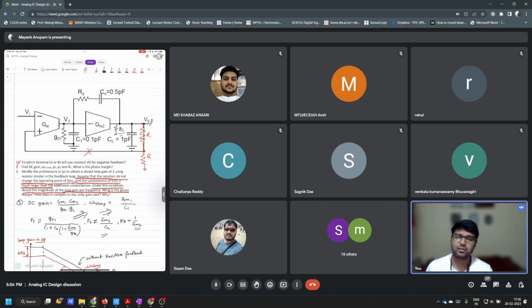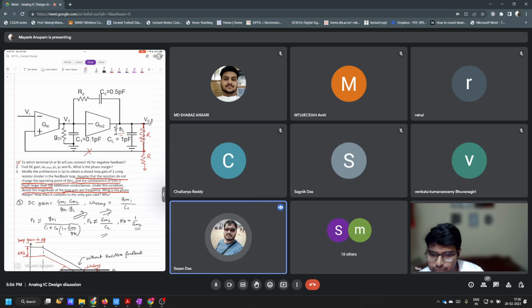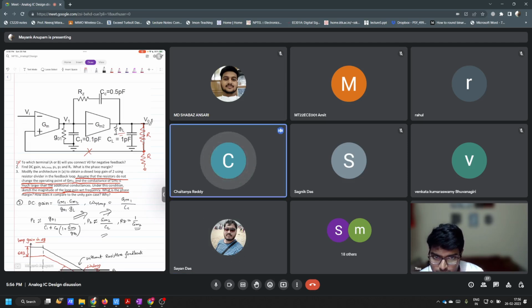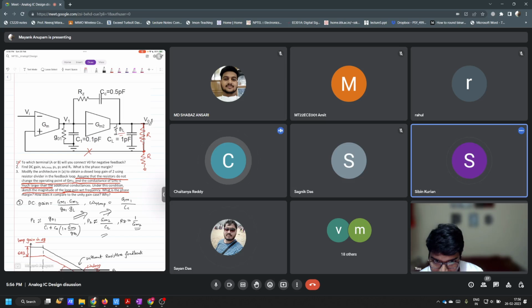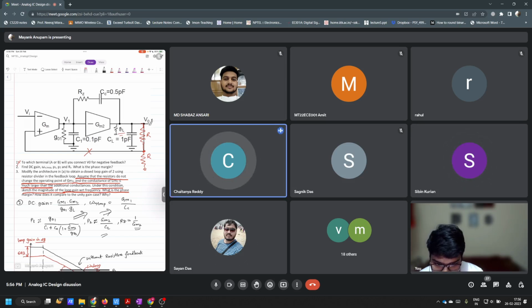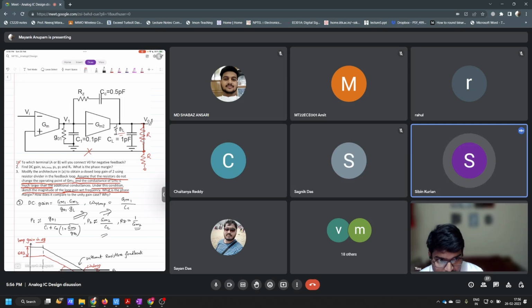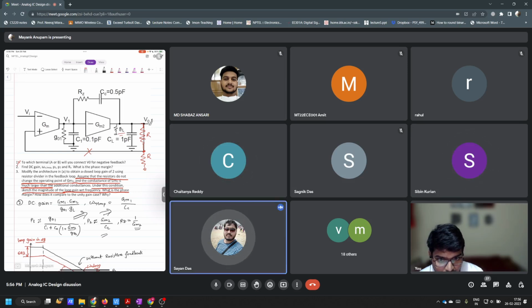In the week 4 assignment, the first question, what is the overall gain of this op amp? For the DC gain part, they have just taken GM1, GO1, GM2, GO2, sir. But GL was not added to the GO2, and the answer was skipped. They asked to find the DC gain for the op amp, 80 dB, so it's not considered that RL.